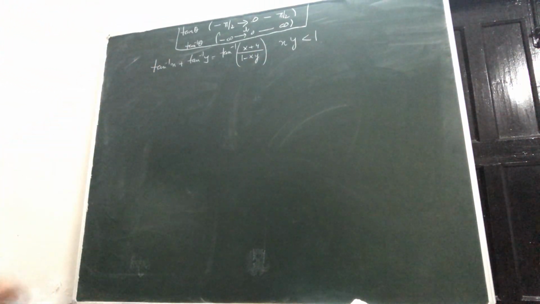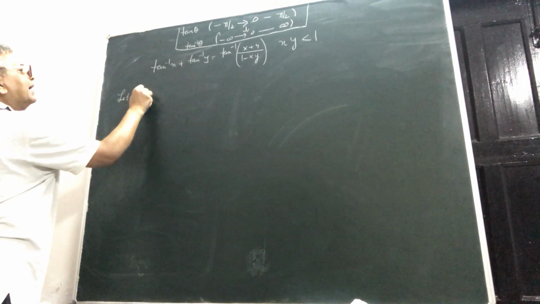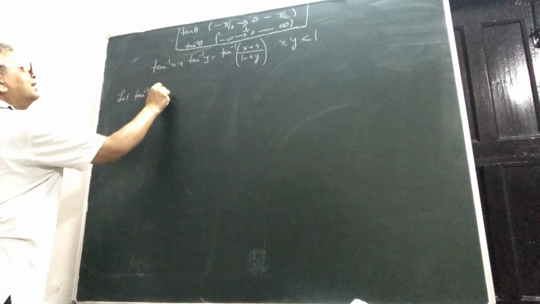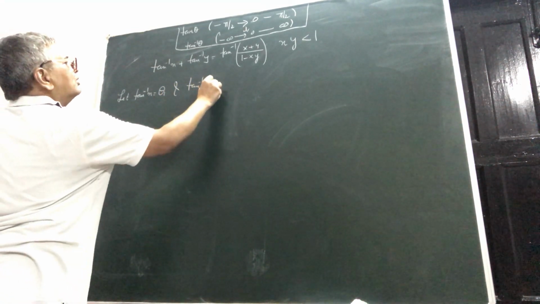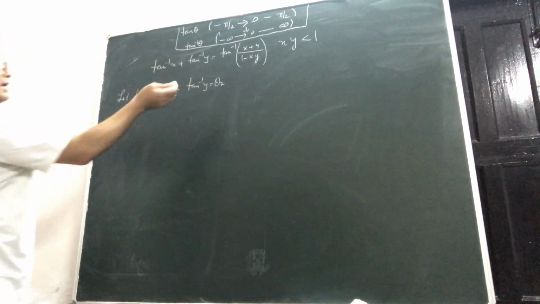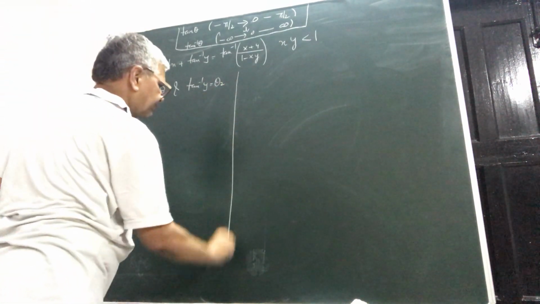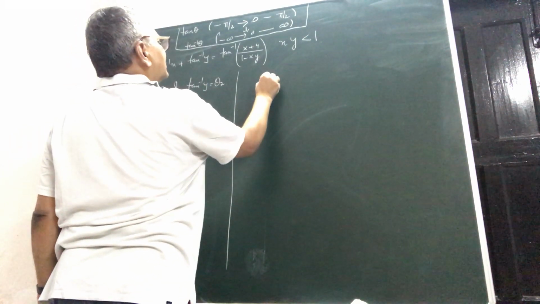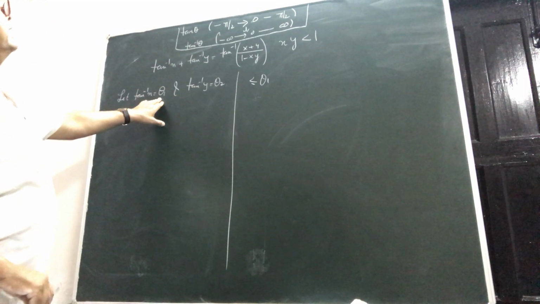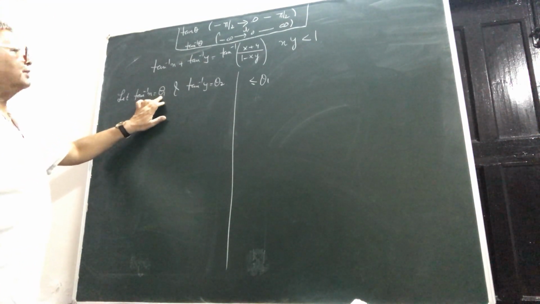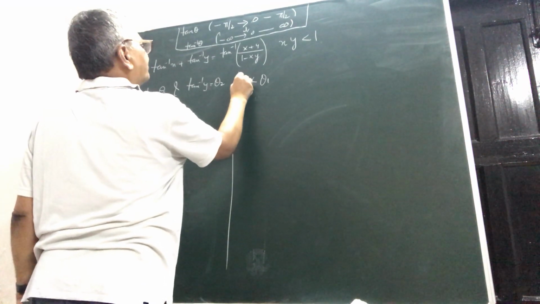Let us see. Tan inverse x is equal to theta 1 and tan inverse y is equal to theta 2. We will look at theta 1 plus theta 2. Theta 1 will be between minus pi by 2 and plus pi by 2, sorry, it is an open interval.